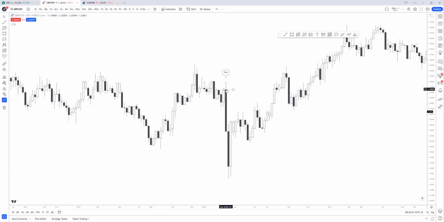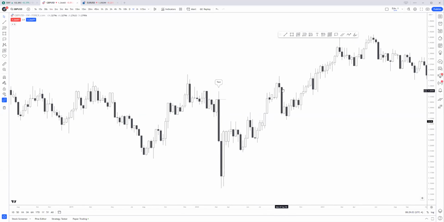We expect price to come up into it, form a top wick, and then push down. If we expect a bullish candle, we expect a bottom wick and then a push up. Bearish candle, top wick, pull down.